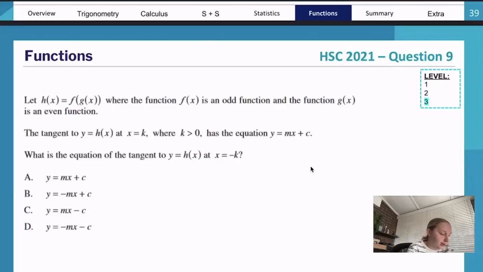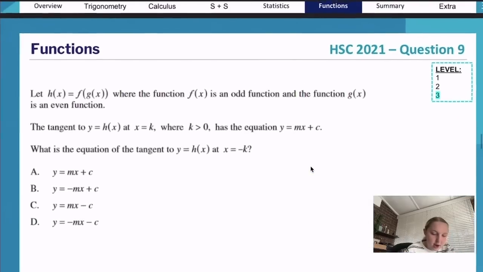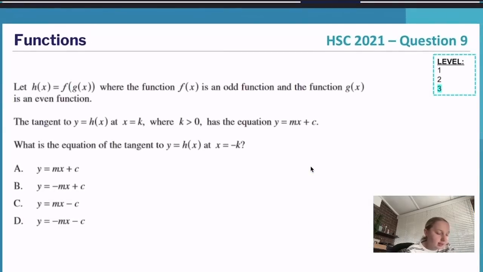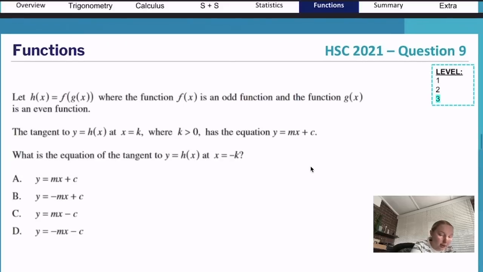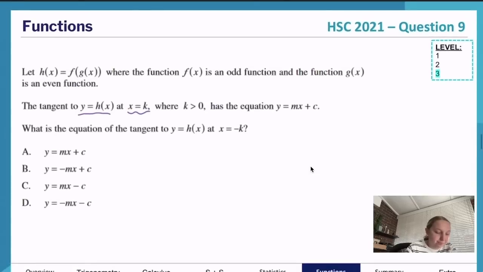Okay, so we first think about, since our tangent at x equals k has to intersect y equals h of x, so they have to intersect because it's the tangent, so then our h of x is going to have the general equation mk plus c.